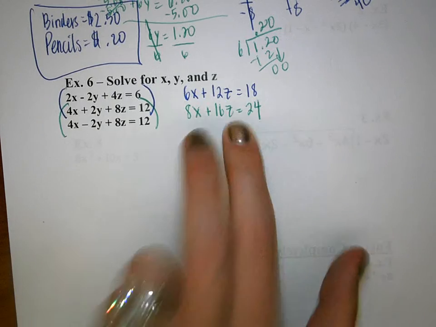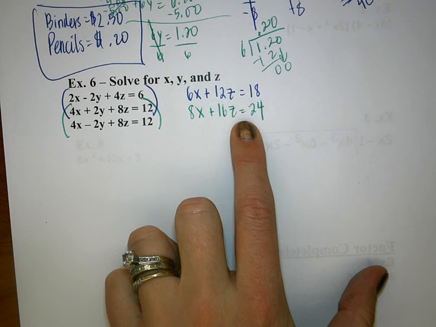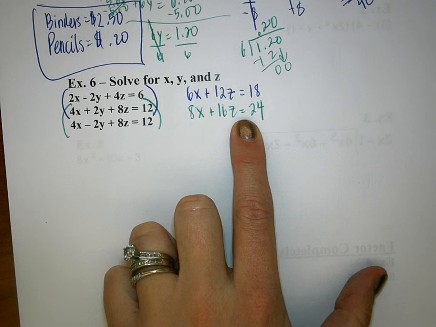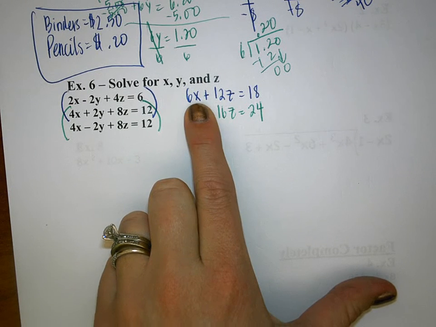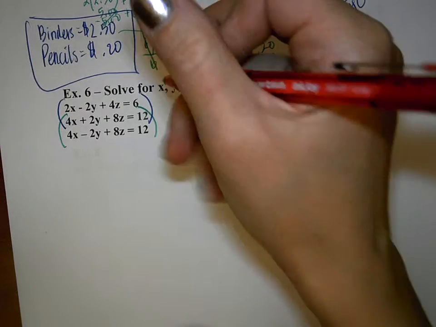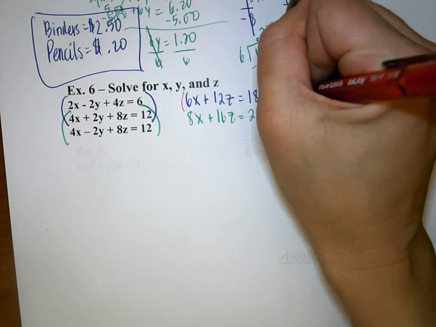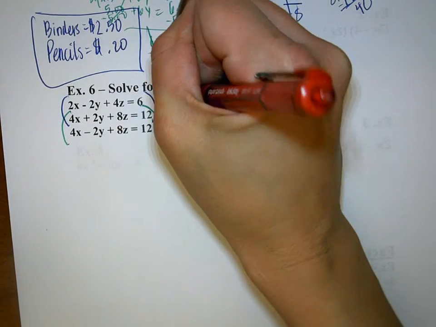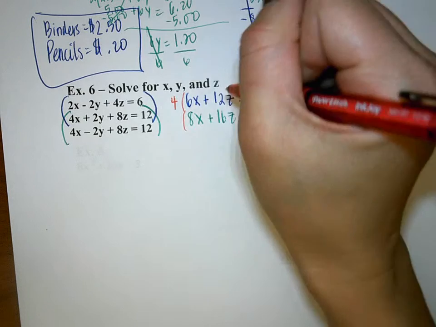So now I have to eliminate again, so I just solve and get 1 variable, right? So is it going to be easier to eliminate the x's or the z's here? Okay, so what am I going to make them equal to? 24. So I'm going to multiply the top by 4 and the bottom by -3.